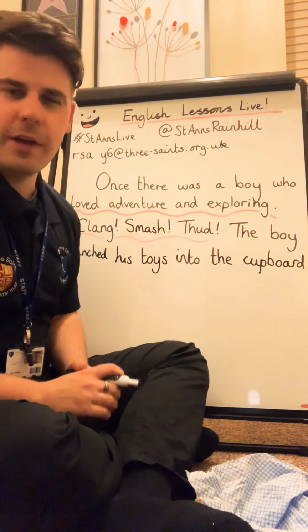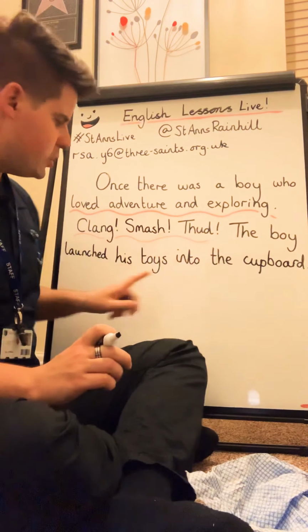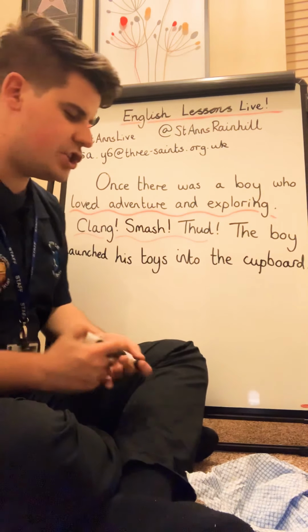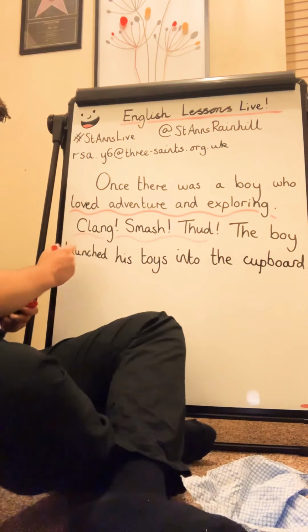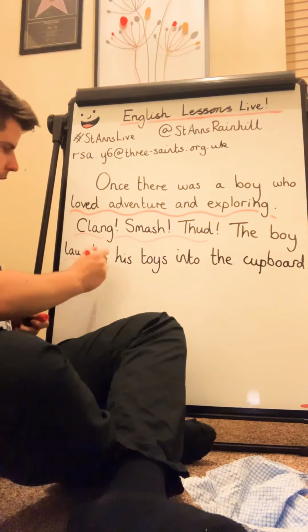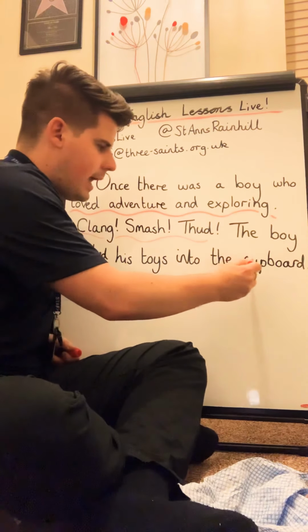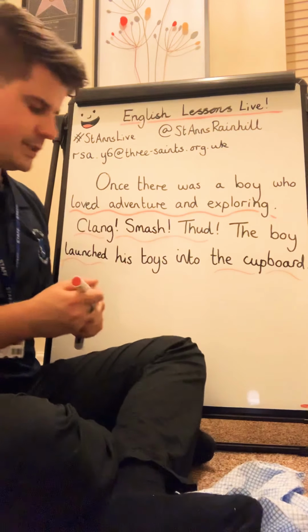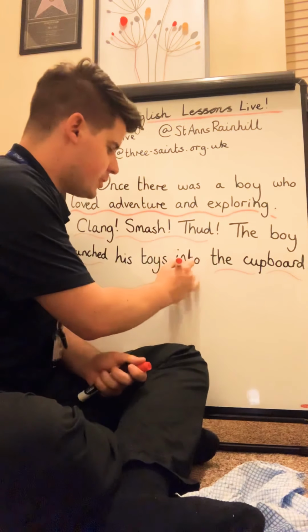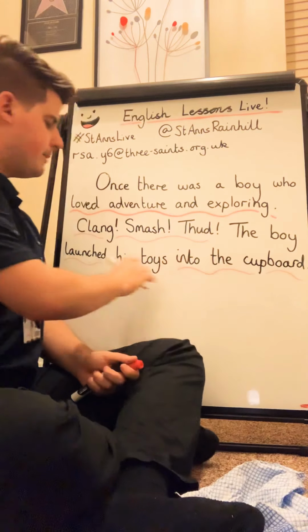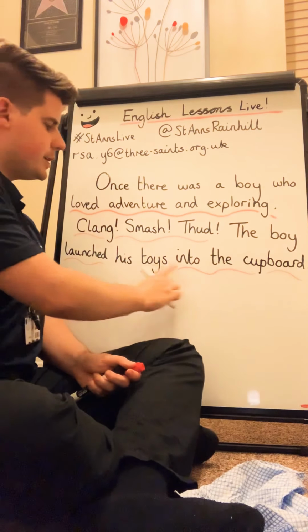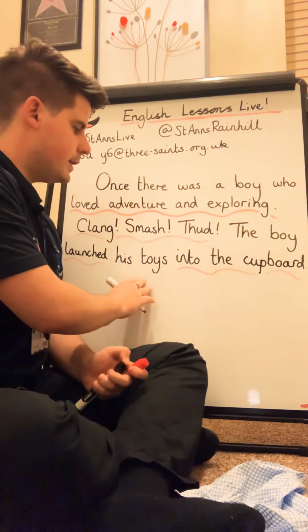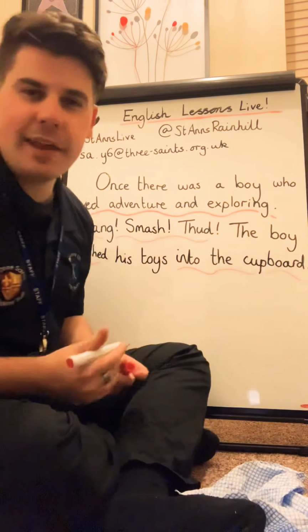There we go. So for this sentence, you can have a go at writing mine if you like. You might want to change the verb. You might want to have a go at changing where he's throwing the things as well. You might have the boy chucked his toys. Maybe you could change the preposition as well. Maybe the boy chucked his toys across the room, or the boy threw his toys behind the back of his bed.